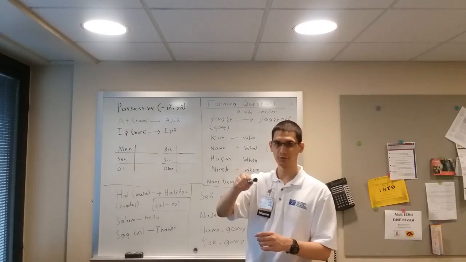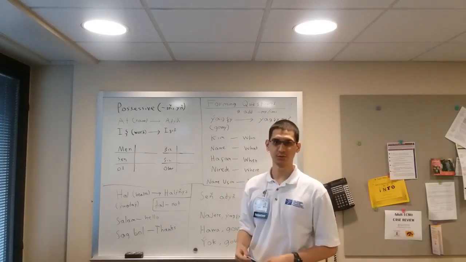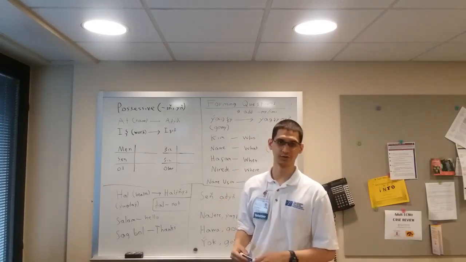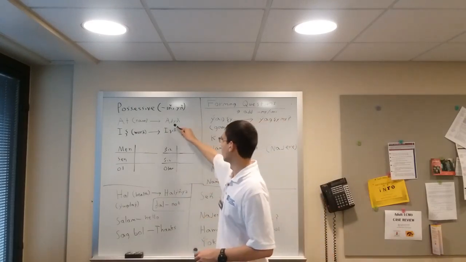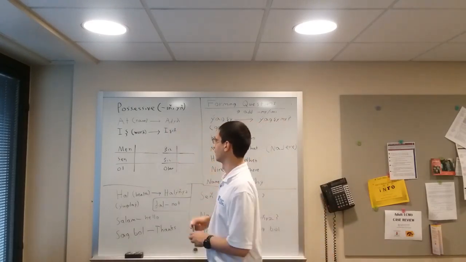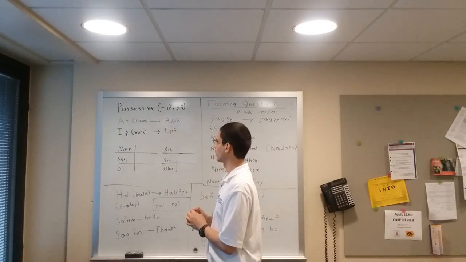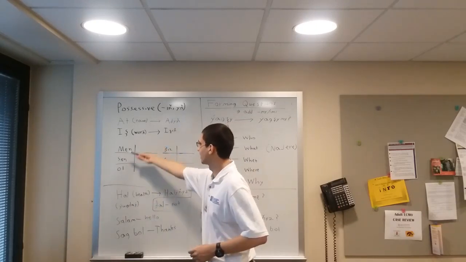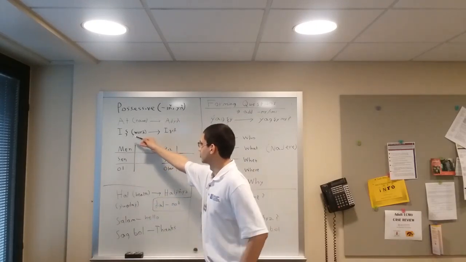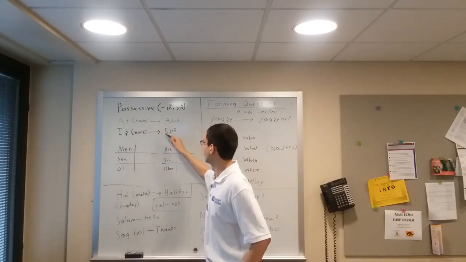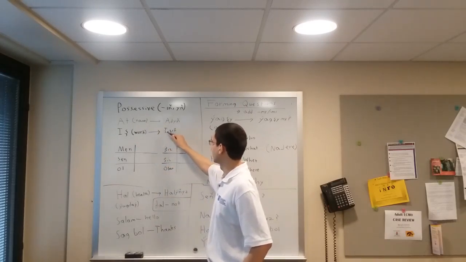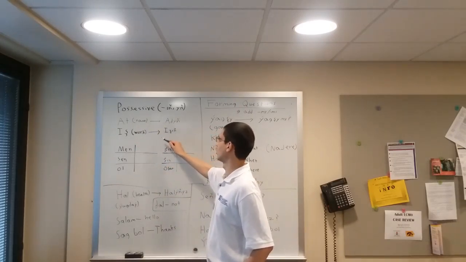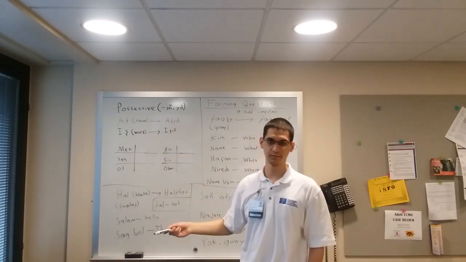But the n with the thing on top of it is pronounced like ing in English. Okay? So adyň means your name. Likewise, the noun iş here means work. So if you add iň to the end, işiň, that would become your work.